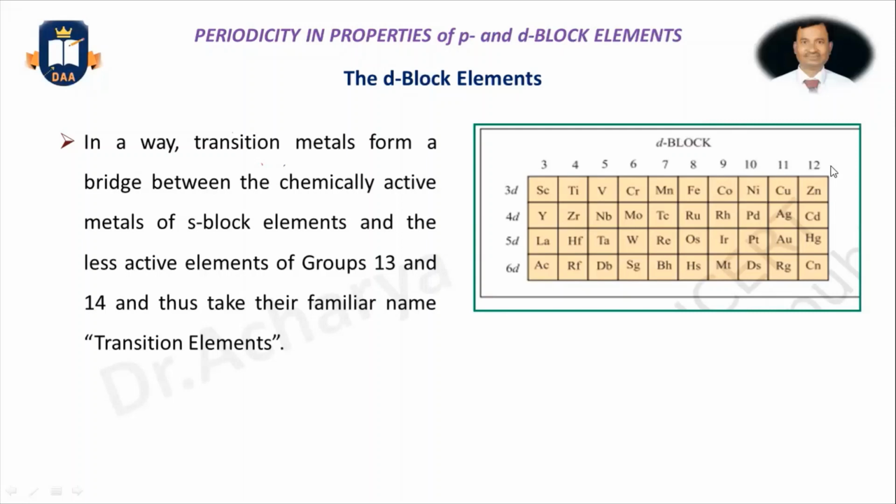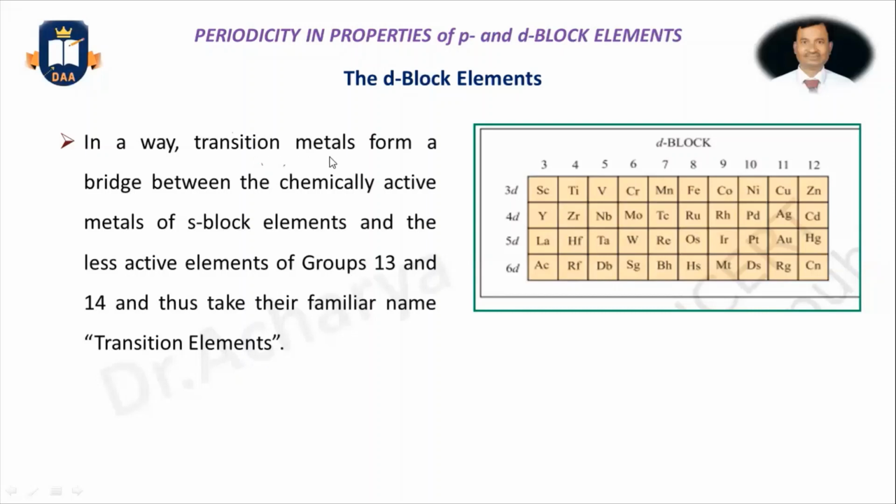That means from the left side we have taken two groups, group 1 and group 2, and from the right side two groups of the p-block, groups 13 and 14. So the d-block elements are connected by groups 1 and 2 on the left side and groups 13 and 14 on the right side, and thus take their familiar name, transition elements.